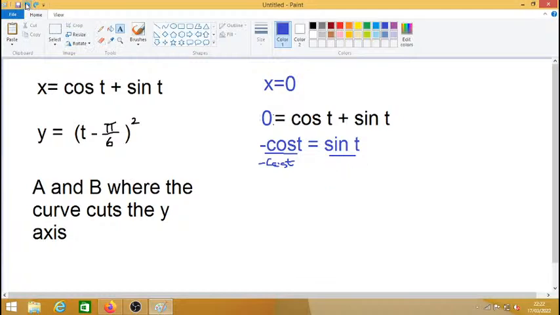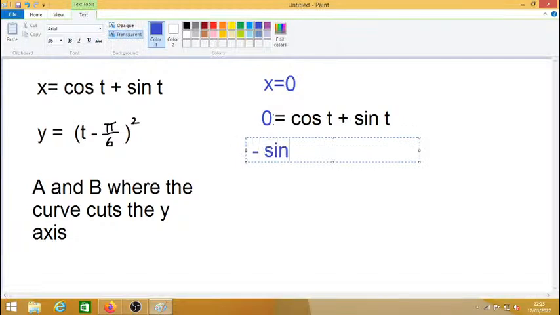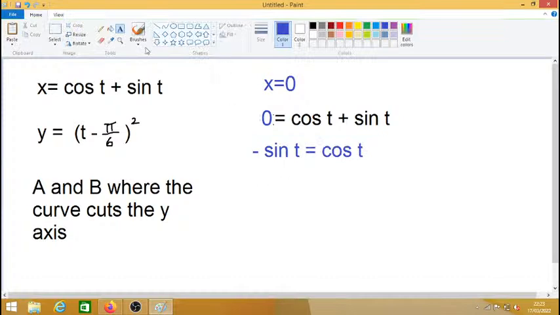So just go back a couple of steps. So we are going to take the sine t across. So that's minus sine t equals cos t. Now divide both sides by cos, so dividing by cos t on the right and dividing by cos t on the left.